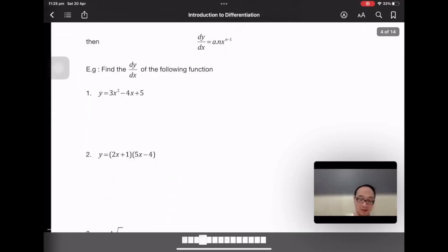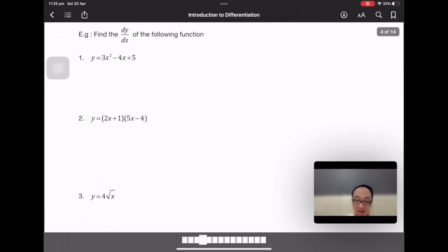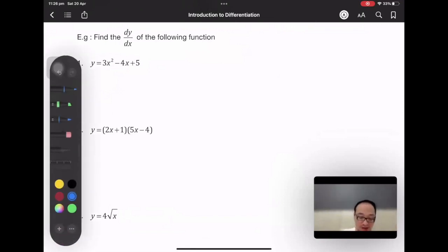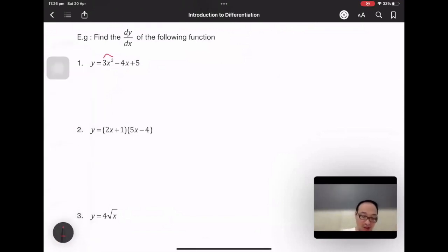So let's see the example. Find the dy/dx of the following function. So if we use the formula, 3x squared, the 2 is multiplied by 3.